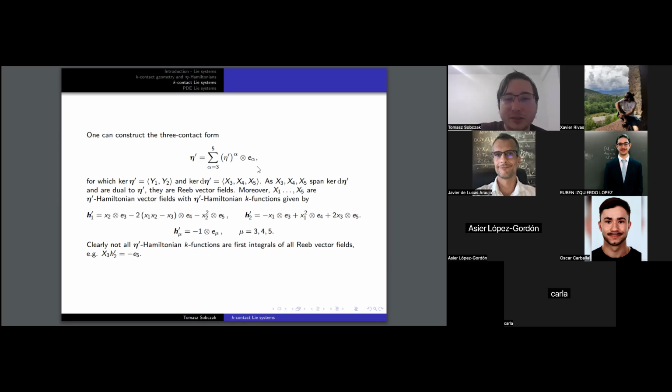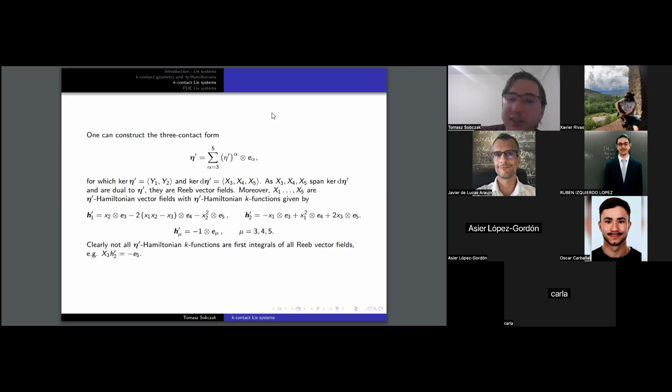We can associate different contact forms, in this case 3. In our paper with Javier and Xavi, we are checking the examples from the PhD of Arturo Ramos, and there are a lot of examples that can be done in an even automatic way, and we can find different k contact forms with different eta Hamiltonian k functions, and we can make them the different eta Hamiltonian vector fields.